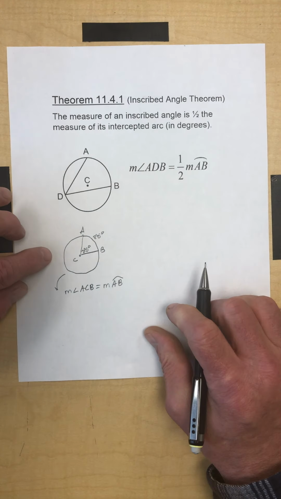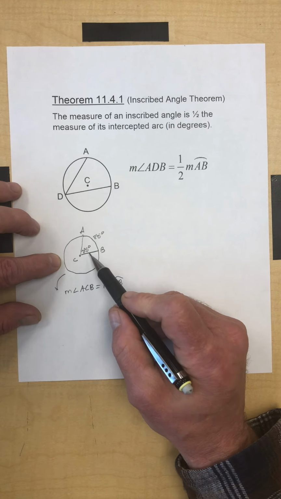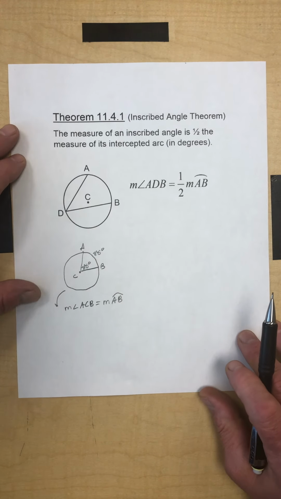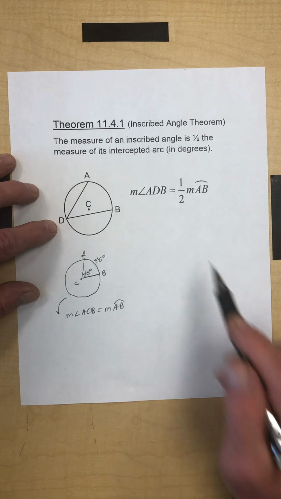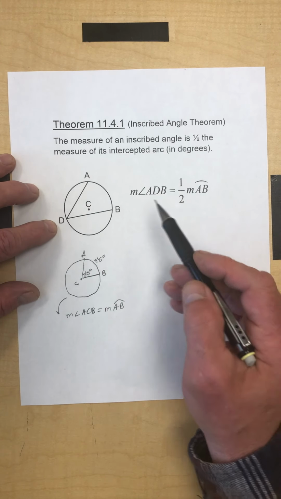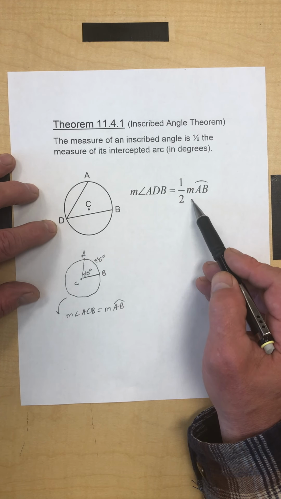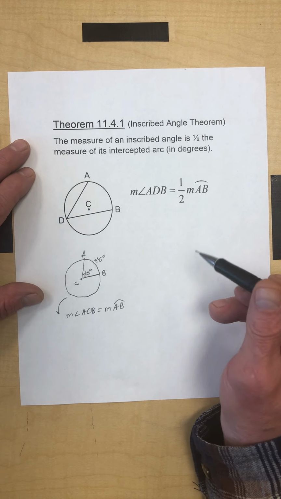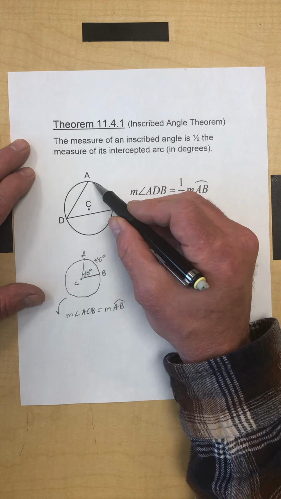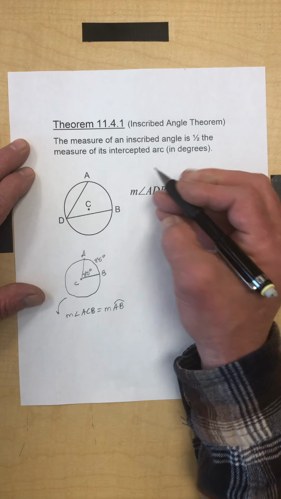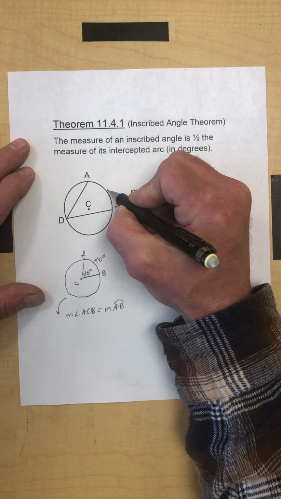So with a central angle, the measure of the angle and the intercepted arc have the exact same measure. But with an inscribed angle, it's different. The measure of an inscribed angle will be half the measure of its intercepted arc. For instance, let's suppose the measure of arc AB was 100 degrees.